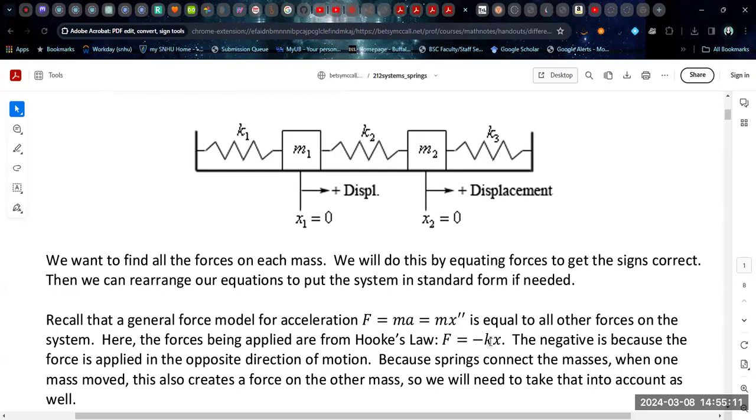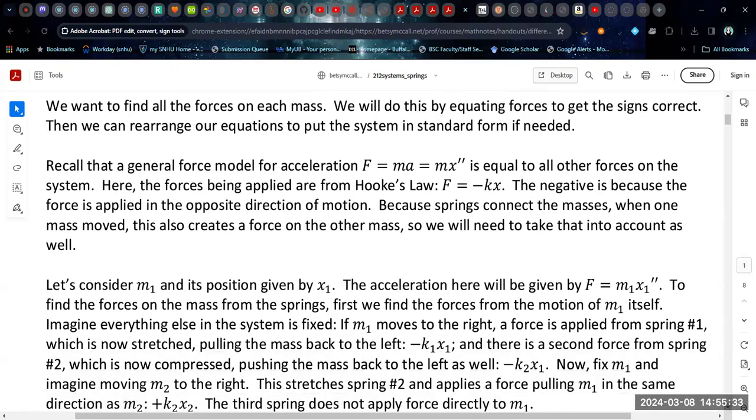Again, the force is applied in the opposite direction of the motion, and so we have this negative. Now, when one mass moves, that creates a pressure on the spring between them that then applies a force to the other mass. So we have to take that into account as we set up our problem as well.